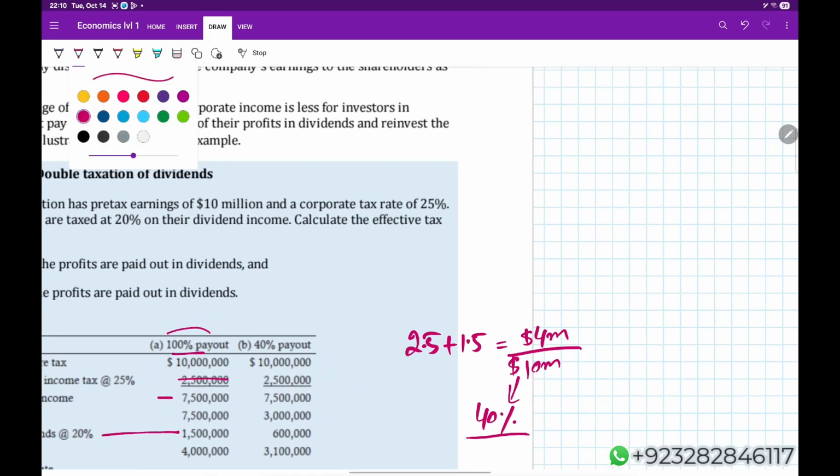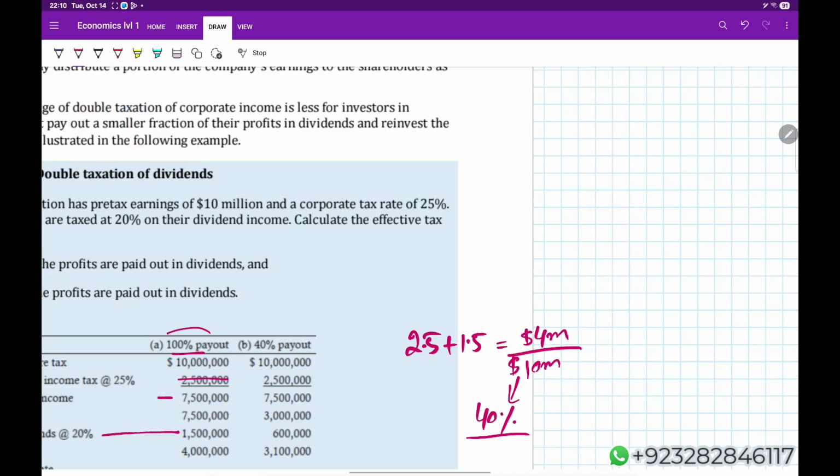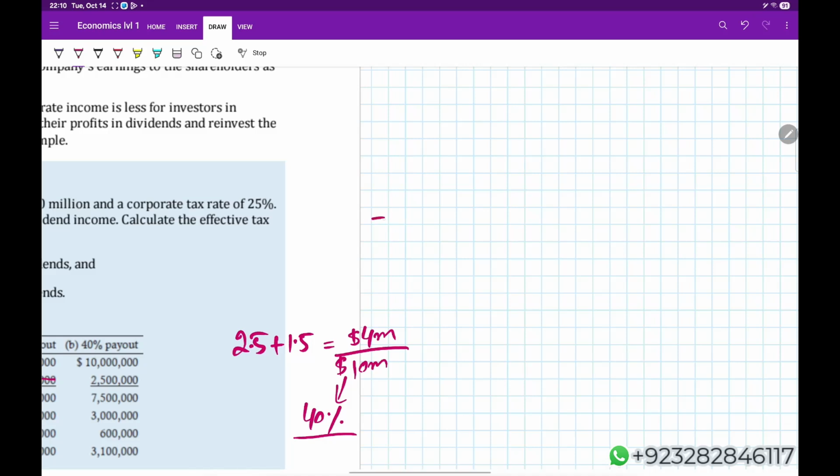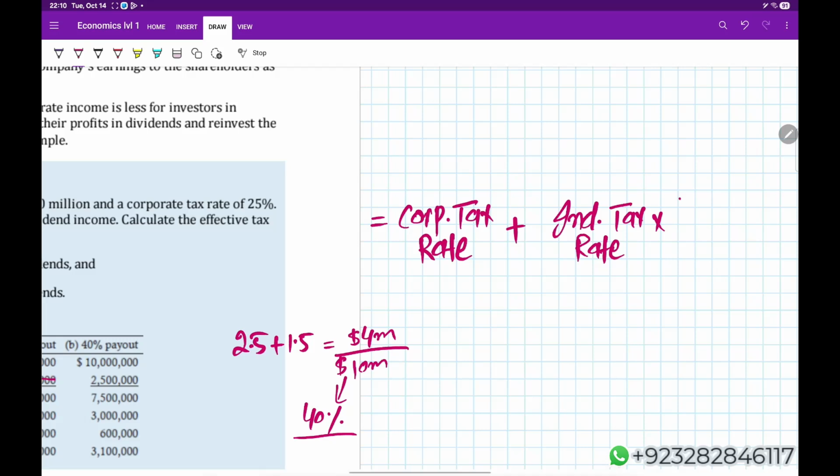The effective tax rate formula is corporate tax rate plus individual tax rate times 1 minus corporate rate.